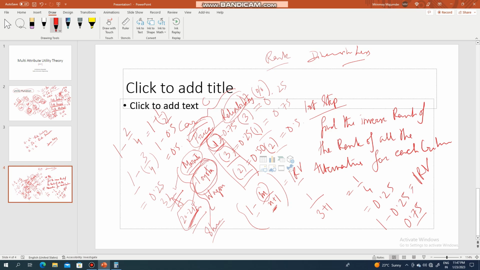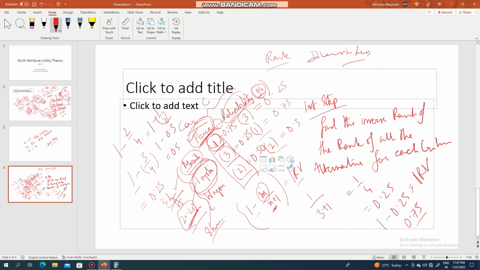You can avoid the impacts caused due to the difference in units, because you see this price is actually in terms of rupee, dollar, or any currency, and reliability is in terms of percentage. So both these units are different. So you cannot do operation with the values of this criteria.